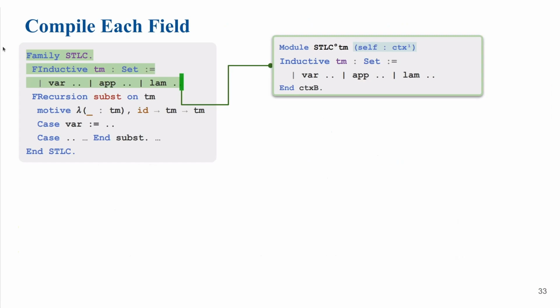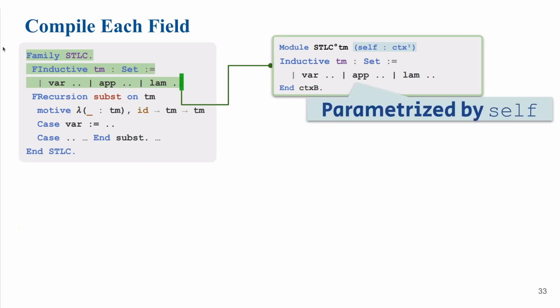Every family member, that is, every field, is compiled into a Coq module, parameterized by self. This self parameter stands for the current family, and it also represents the typing context of the current family.